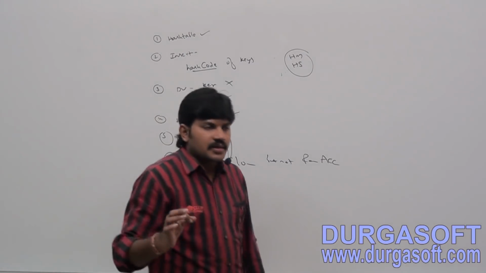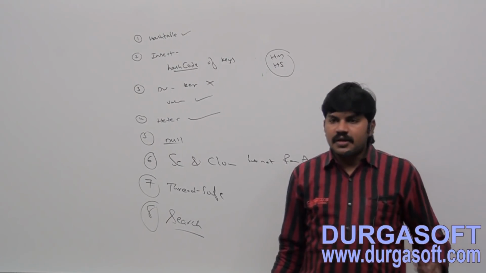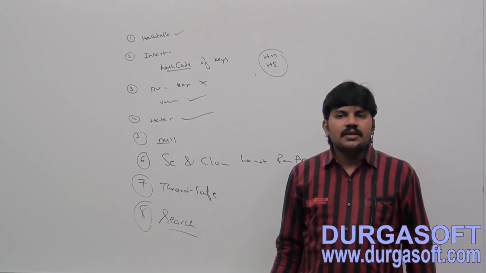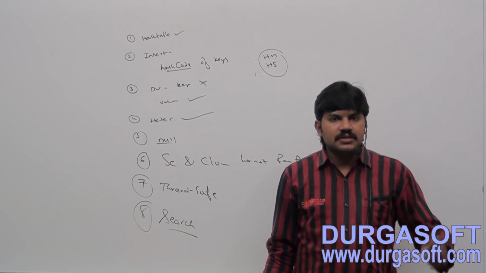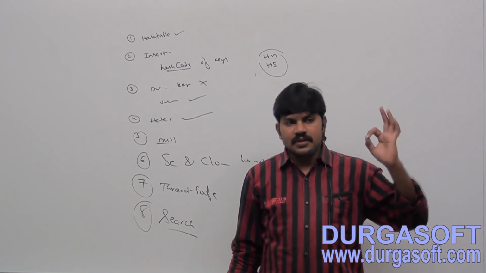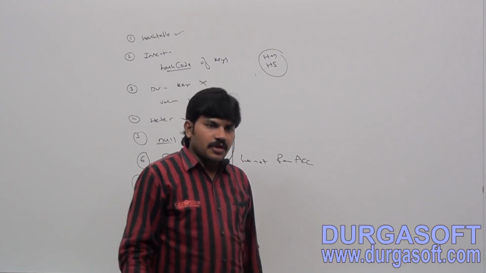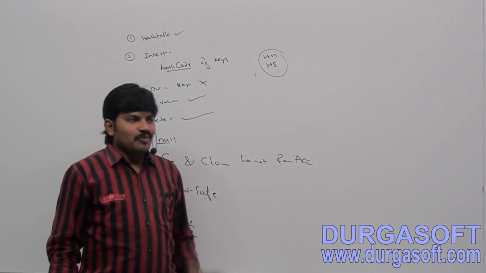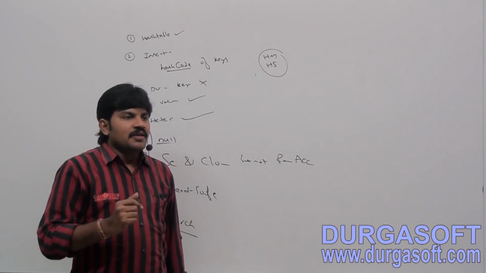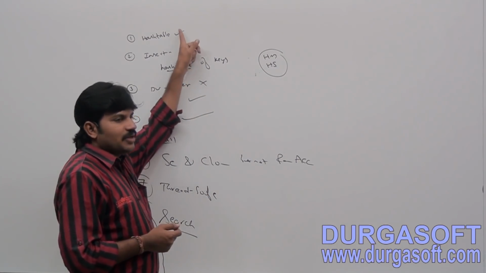Okay, at this point, first point: the underlying data structure for Hashtable is hash table. Observe the words, both are the same. The underlying data structure for the Java class Hashtable is the hash table data structure only.